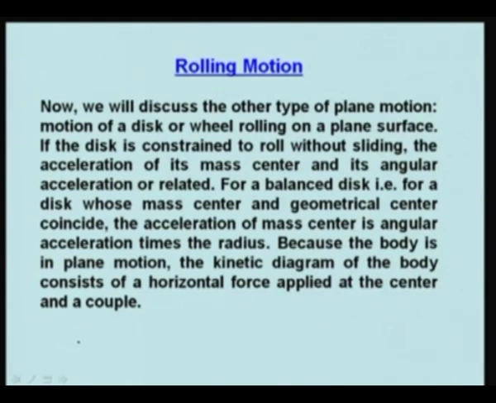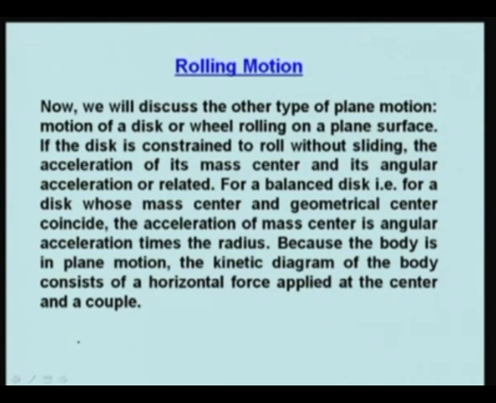Now the center of percussion is very important in many situations. Now we discuss the other type of motion, that is called rolling motion. This is the motion of a disc or wheel rolling on a plane surface. This surface may be horizontal or it may be inclined.